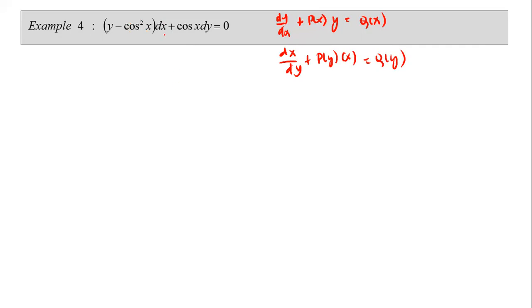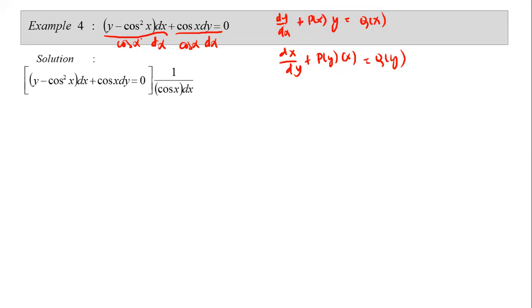Say we don't want dx here, all right? So we shall divide this by dx. And we don't want cosine x here. All right, so you shall have y minus cosine squared x dx plus cosine x dy equals 0, then multiplied by 1 all over cosine x dx. So you shall have y minus cosine squared x all over cosine x, then this will be cancelled out, right? Then plus, this will be cancelled out, so you only have dy over dx equal to 0.